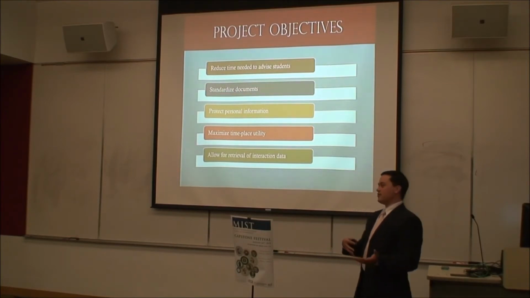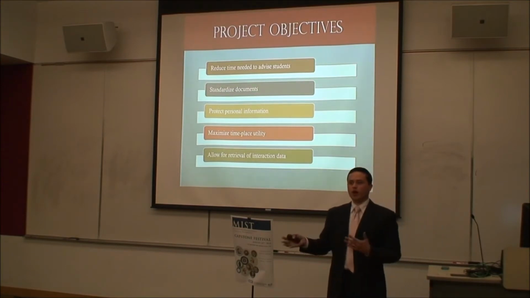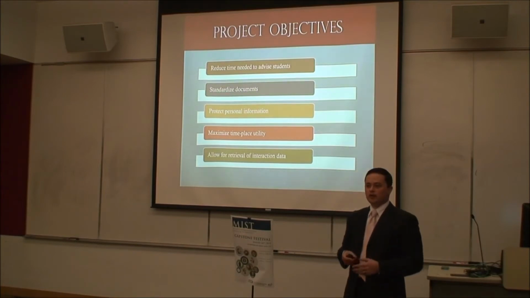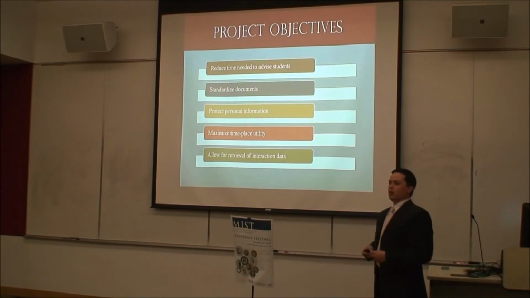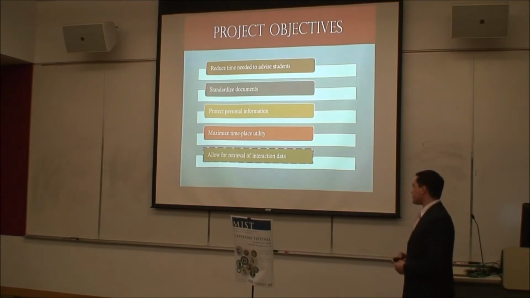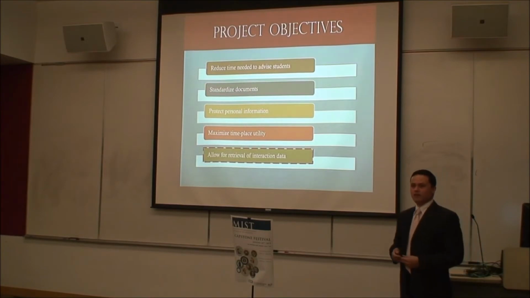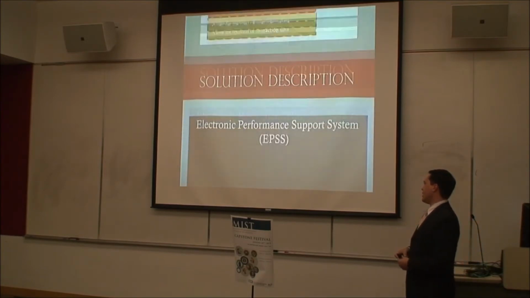So that presented some issues because you need to allow for retrieval of interaction data if you're going to split the process up. So that's why you'll see that I went with a solution that is not using a rapid prototyping tool like Captivate. And we'll talk a little bit more about this as we get into the back-end side of things.